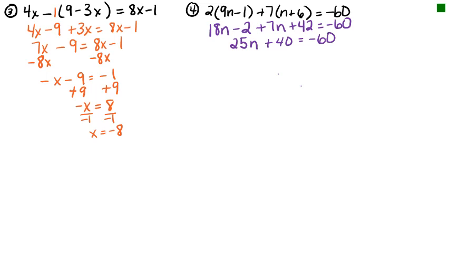I'm going to subtract the 40, and I'm going to divide by the 25. 25n equals negative 100. Divide by 25, and I get n equals negative 4. Again, you can substitute in and make sure that answer works.